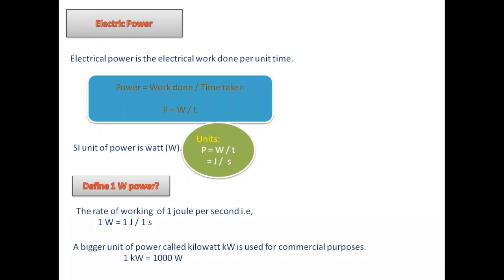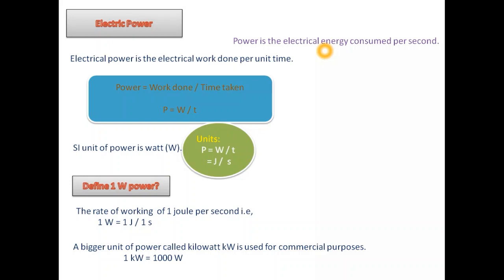So we can also say that electric power is the energy consumed per second, because work and energy are equal. That is why we can replace work done by energy. This is another definition for power: electrical power is the rate at which electric energy is consumed, or the electrical energy consumed per second.